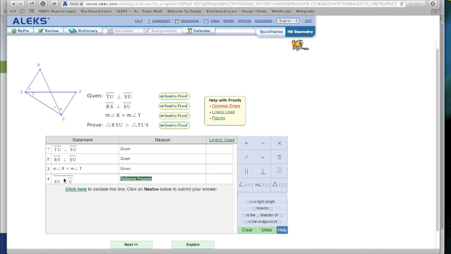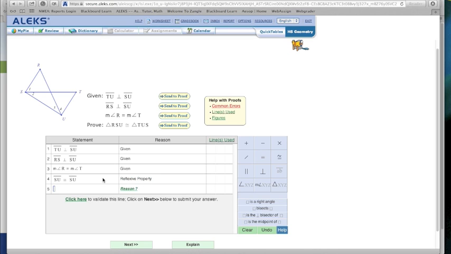Reflexive property means everything is congruent to itself. Let me retype that. Segment SU congruent to segment SU. There we go. And when I click here and it's accepted, that means I've written that step correctly.